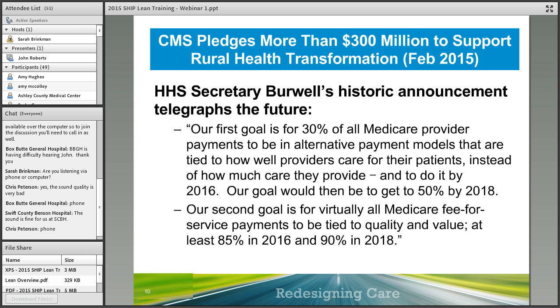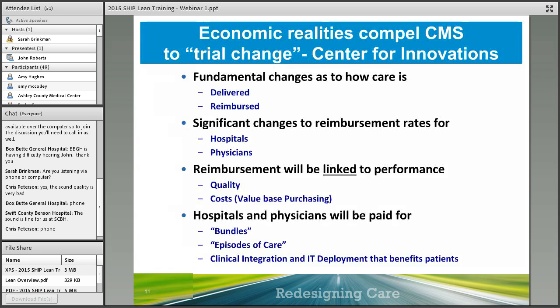So whereas PPS hospitals have been in this mix for a while, I think it's coming quickly to rural healthcare, looking at alternative models of reimbursement, which again are tied to patient satisfaction, to quality outcomes, and first and foremost to value.